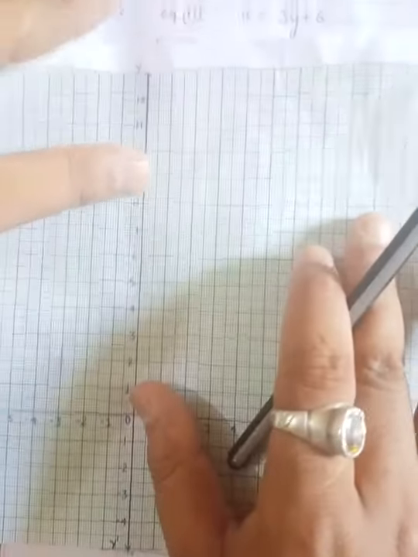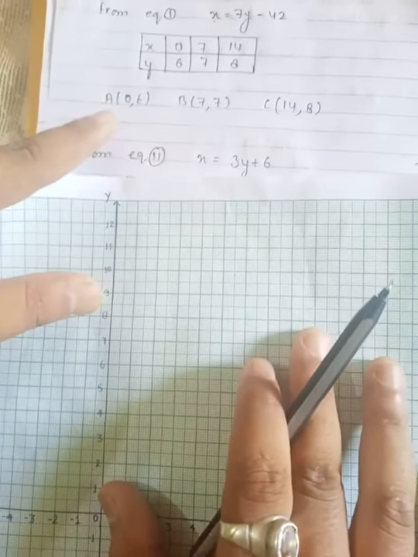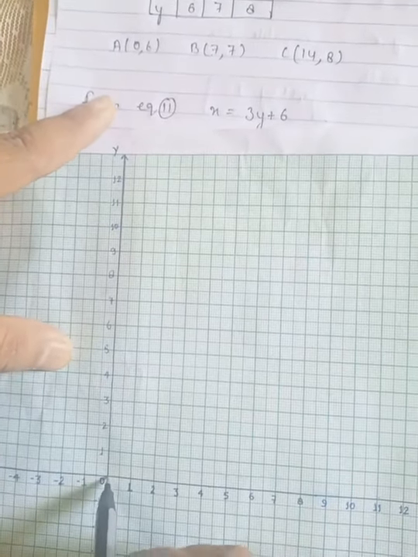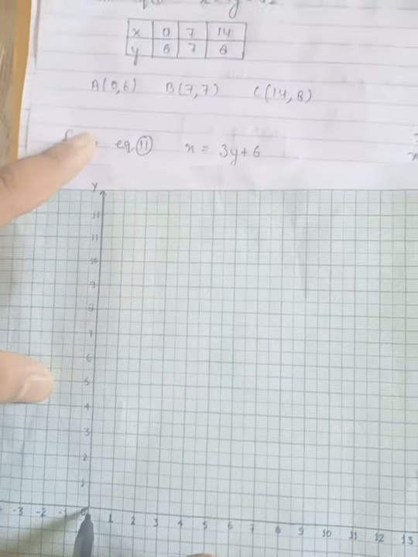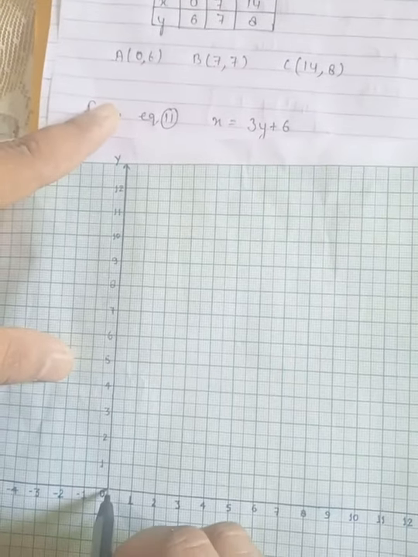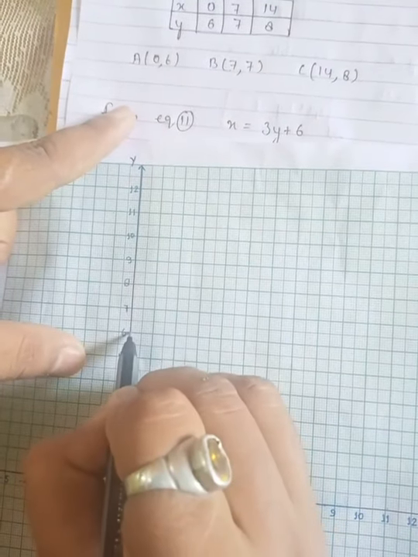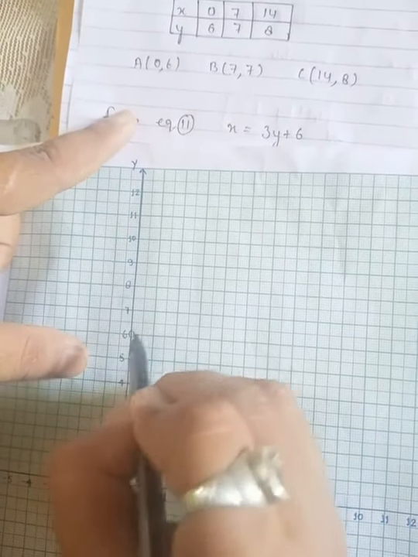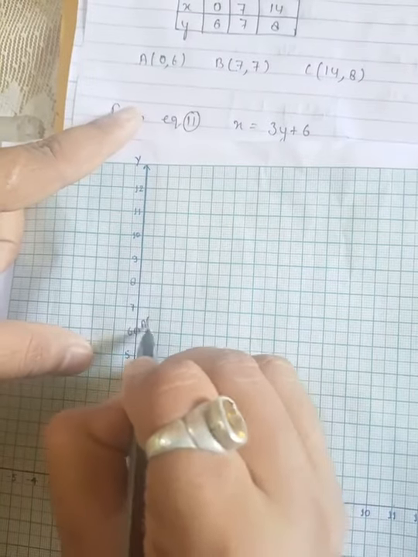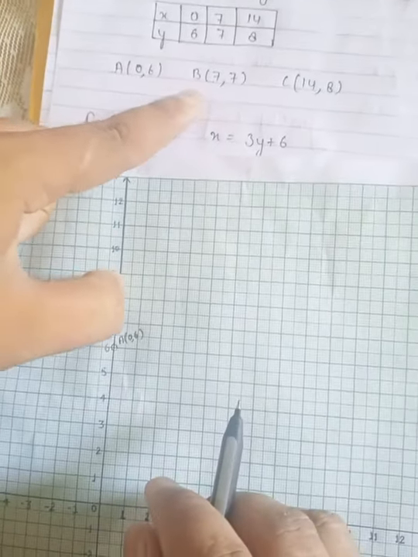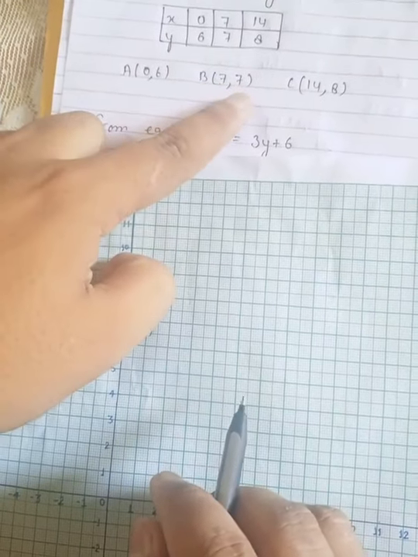The first point, A, is 0 comma 6. 0 comma 6 means in the x-axis we run 0, and in the y-axis we go 6: 1, 2, 3, 4, 5 and 6. So here is the point 0 comma 6. The second point is 7 comma 7, in the x-axis 7, in the y-axis 7.